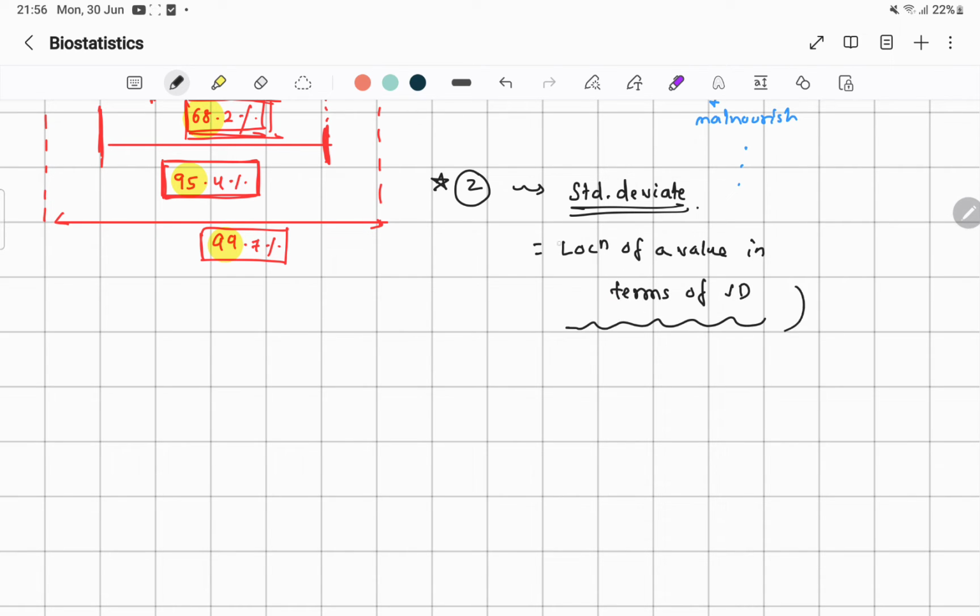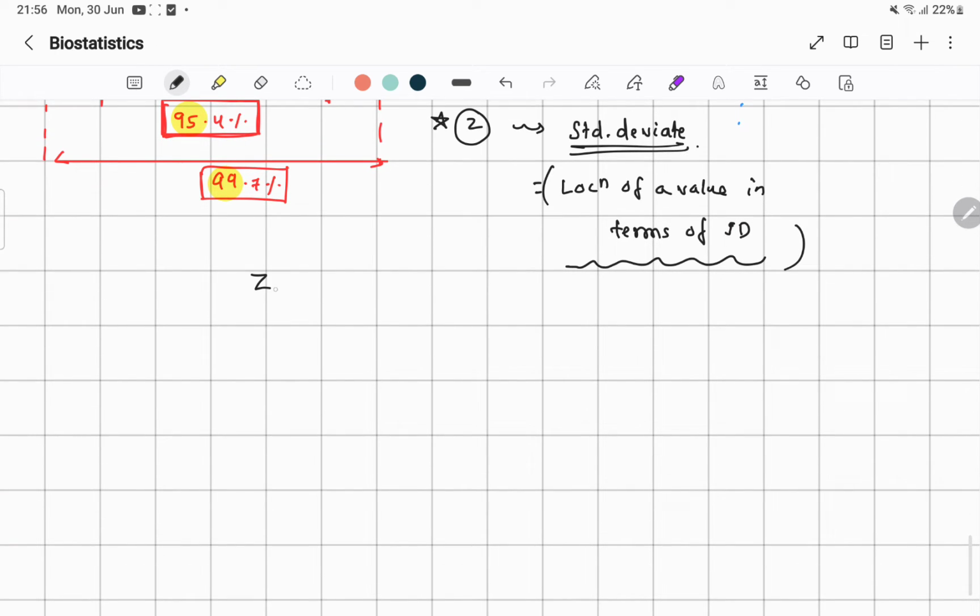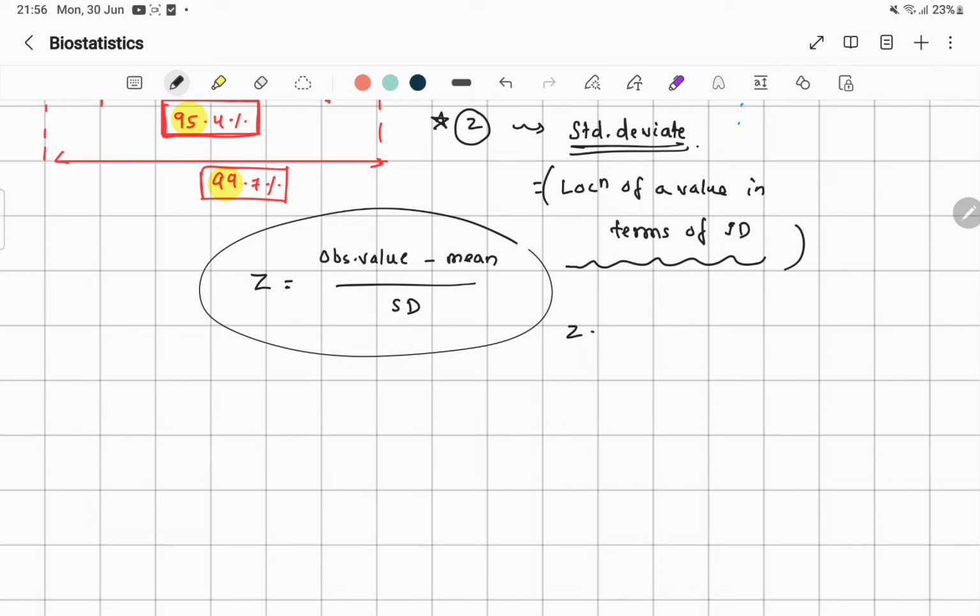Z equals observed value minus mean by standard deviation. So Z equals x minus x bar by SD. And this mean is called the expected value.